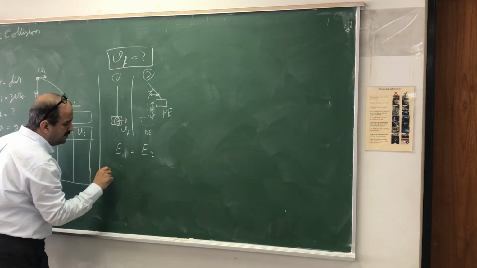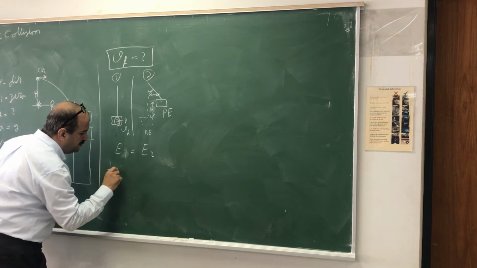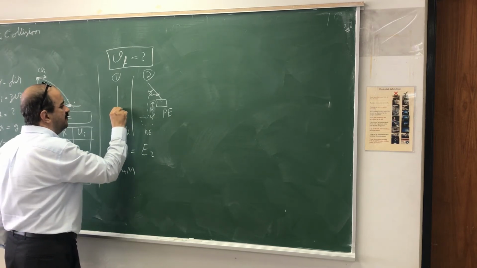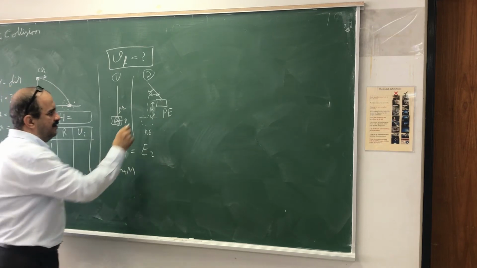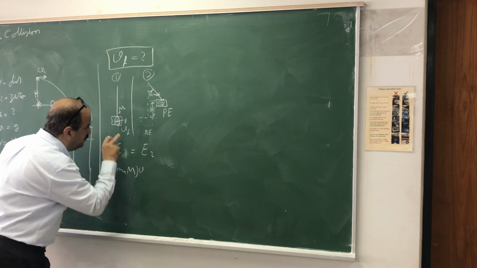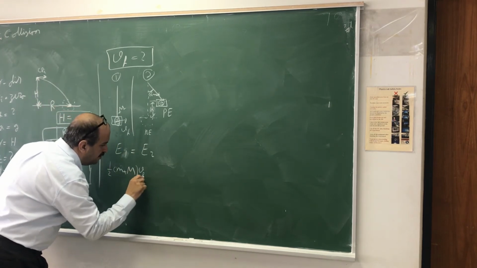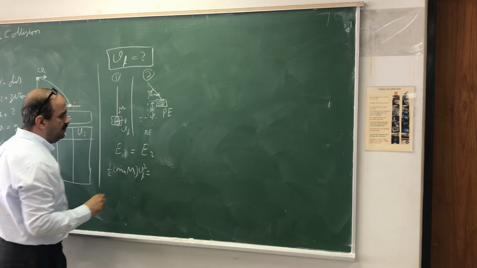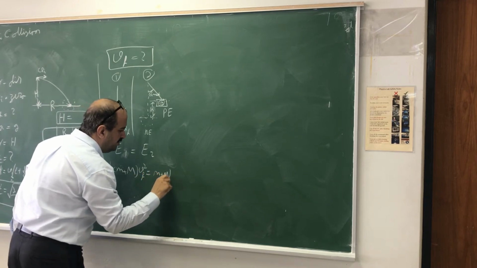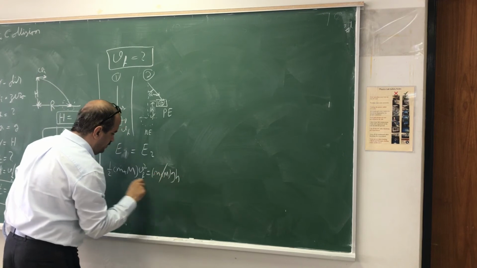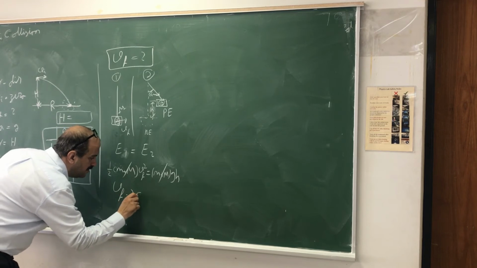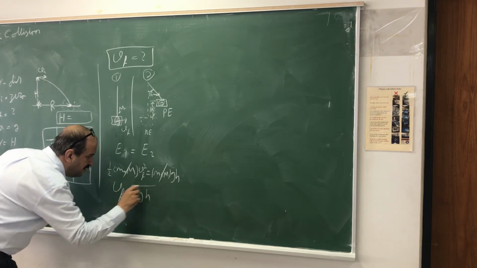All energies here is only kinetic energy, which equals 1/2 multiplied by the mass, where the mass of the ball is small m and the mass of the ballistic pendulum is capital M, multiplied by v at case number 1, v final squared, should equal all energies we have here, which is only potential energy, small m plus capital M, multiplied by g multiplied by h. We can eliminate this with that. Then the final velocity will equal the square root of 2 multiplied by g multiplied by h.